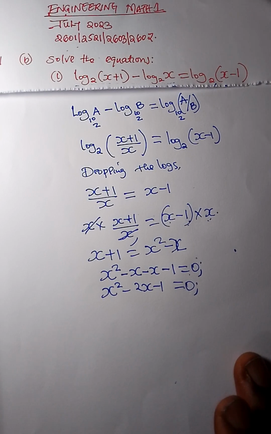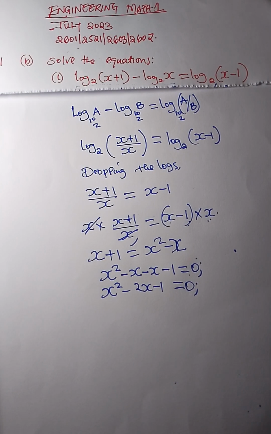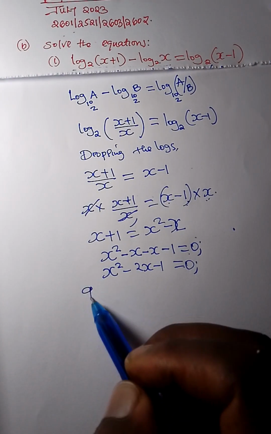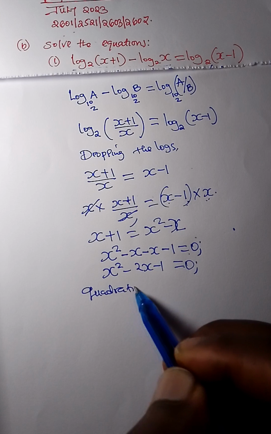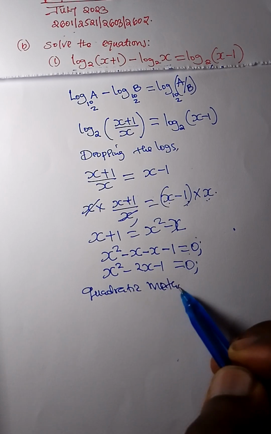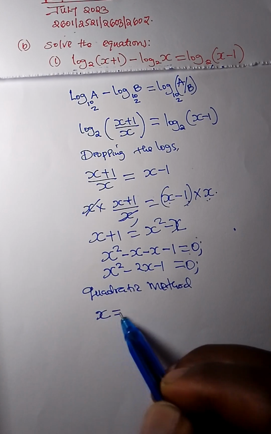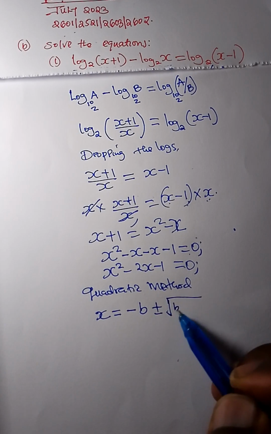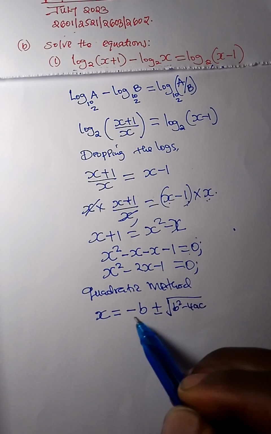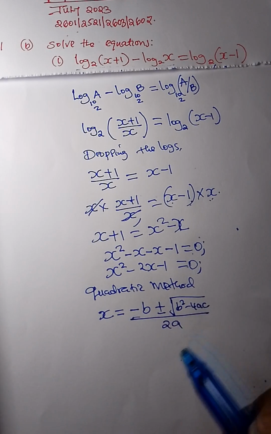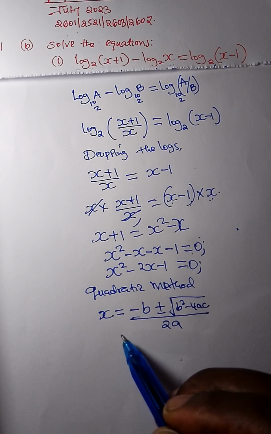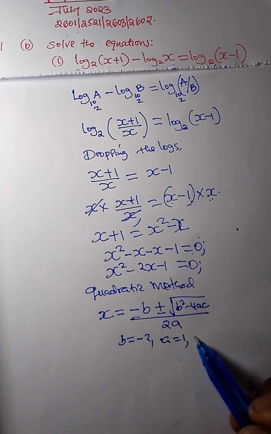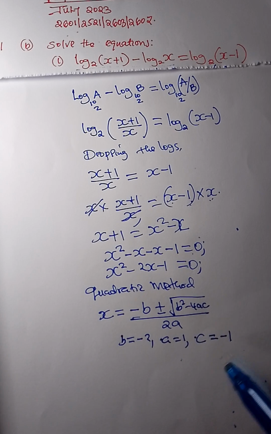So this is a quadratic expression, so we're going to solve it using the methods that we know. Therefore we shall use the quadratic method. The quadratic method says that if you want to solve for the value of x, it's going to be minus b plus or minus the root of b squared minus 4ac, all of this divided by 2a. So our b here is equal to minus 2, our a is equal to 1, and our c is equal to negative 1.